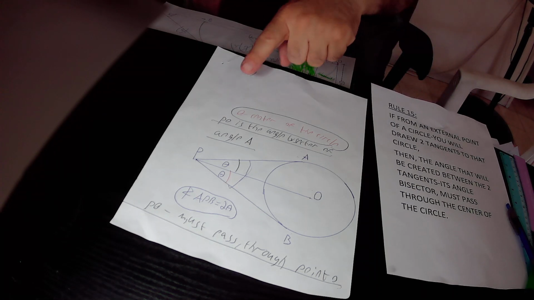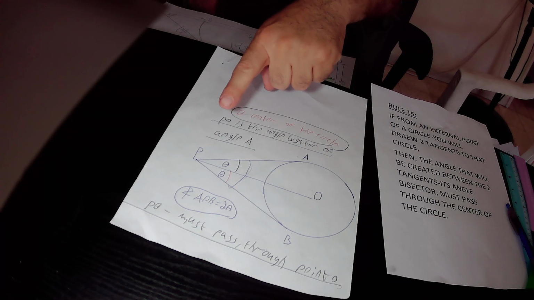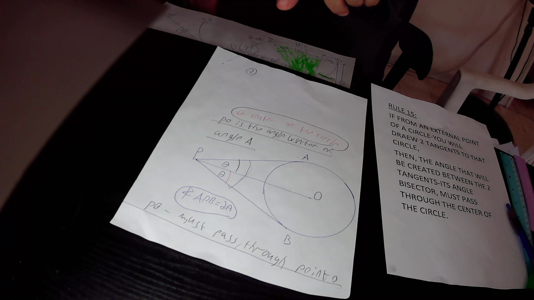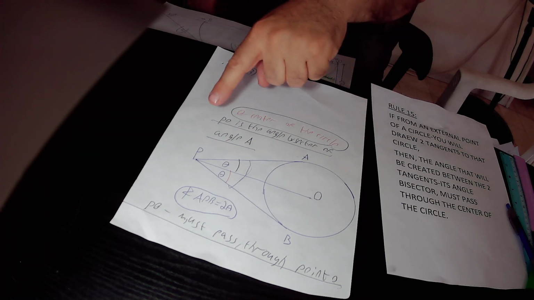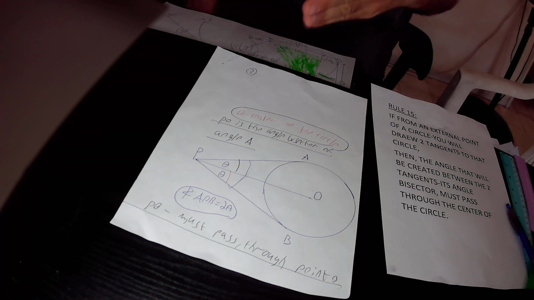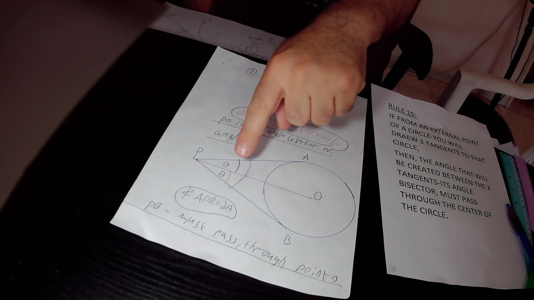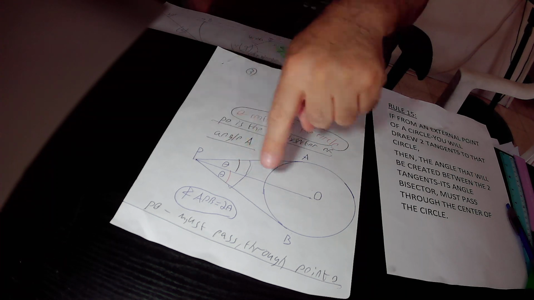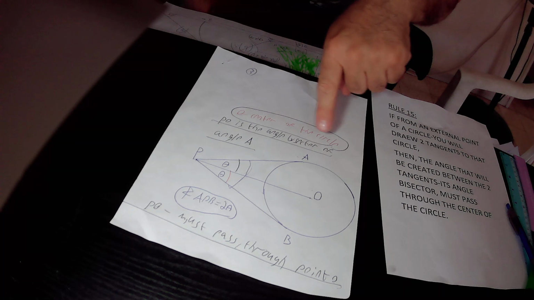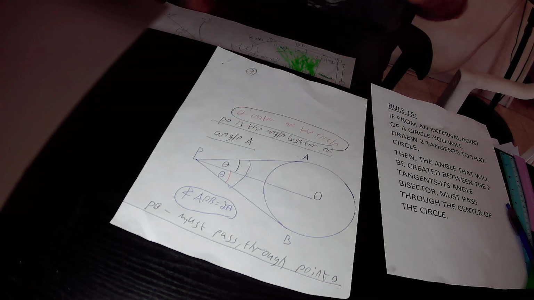Here this is the common external point, point P. From this common external point, point P, we draw two tangents to this circle, tangent PA and tangent PB. By drawing the two tangents, we get angle APB. Again, angle APB was created by drawing tangent PA and tangent PB to this circle.